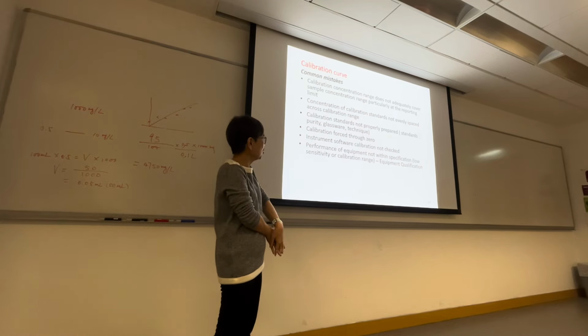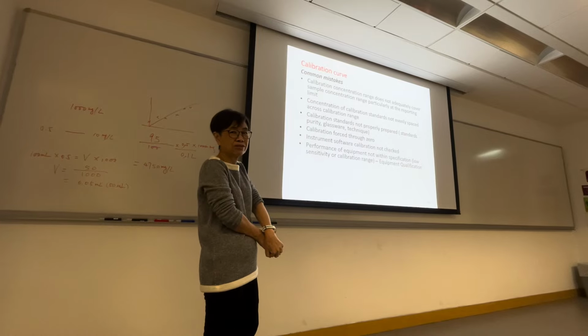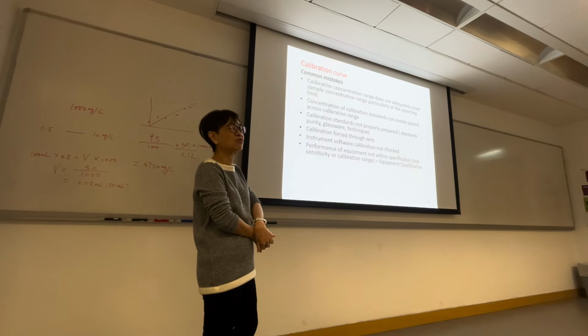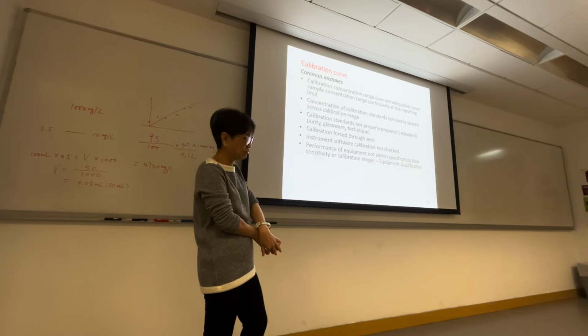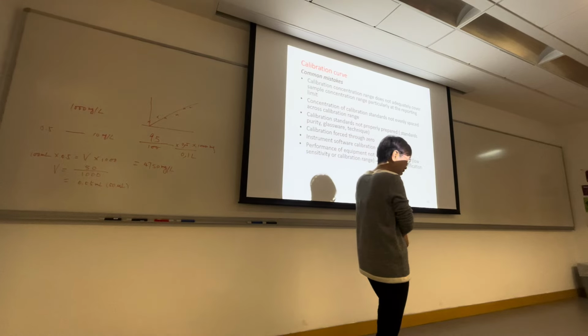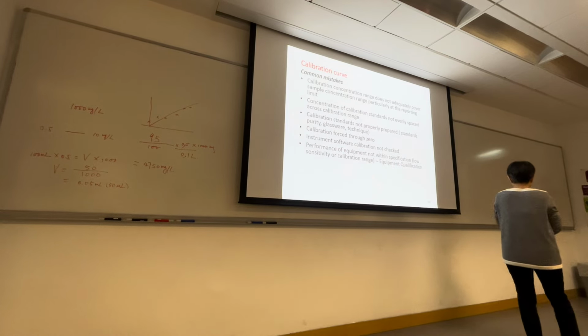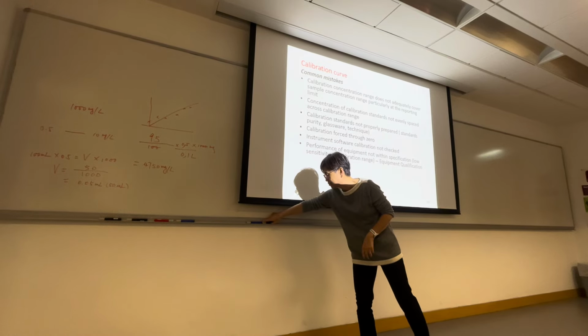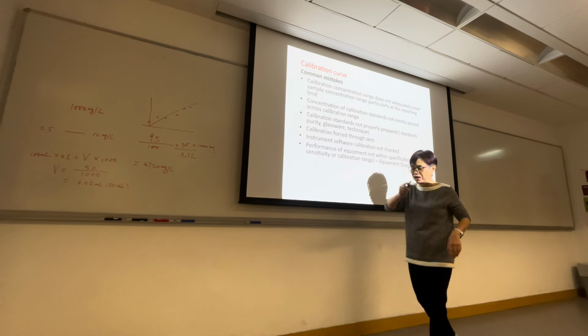What's the meaning of instrument software calibration not checked? This is a funny case. Also observed when I go for assessment. That is an AA analysis, atomic absorption analysis, no matter graphite or flame.